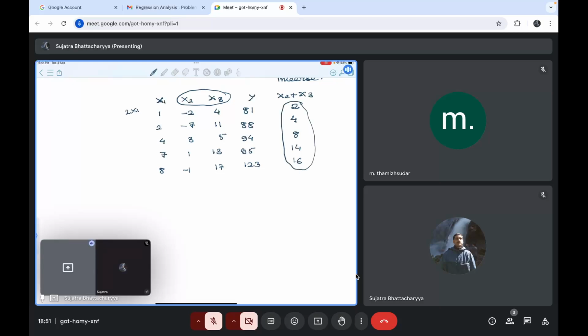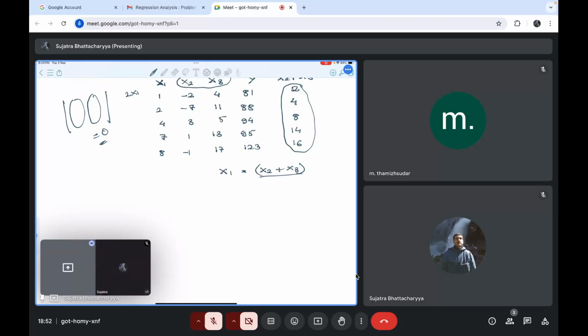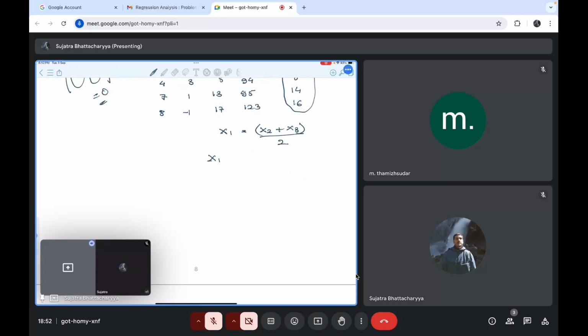We know the property of a determinant: when two rows or two columns are dependent on each other, the determinant goes to 0. That is what the multicollinearity problem states. So here, x1 is x2 plus x3 divided by 2, so x1 is not linearly independent.